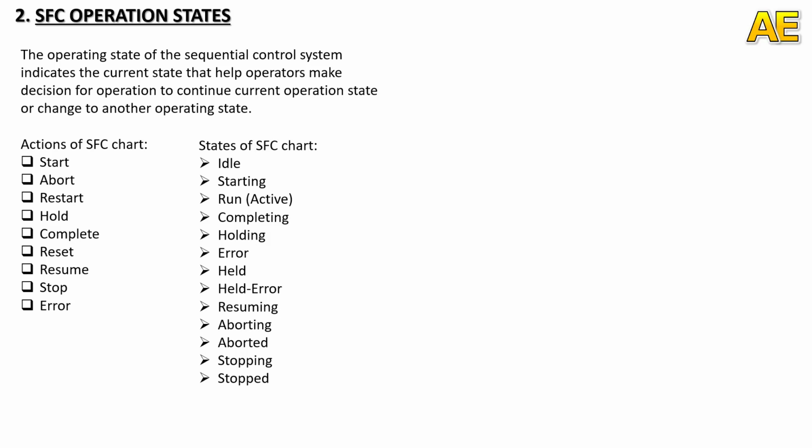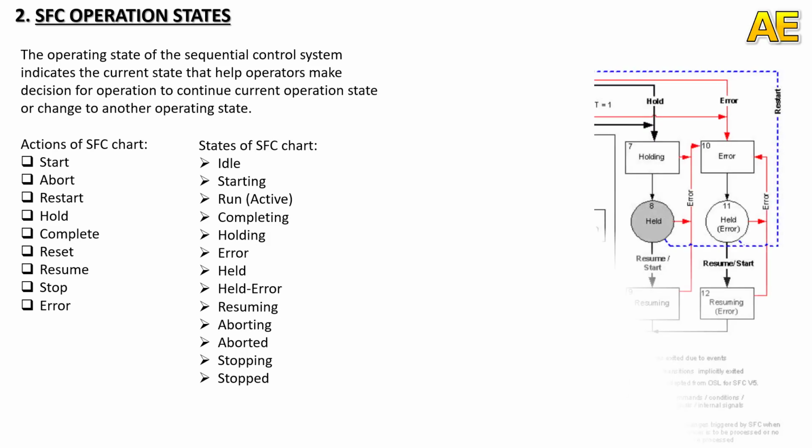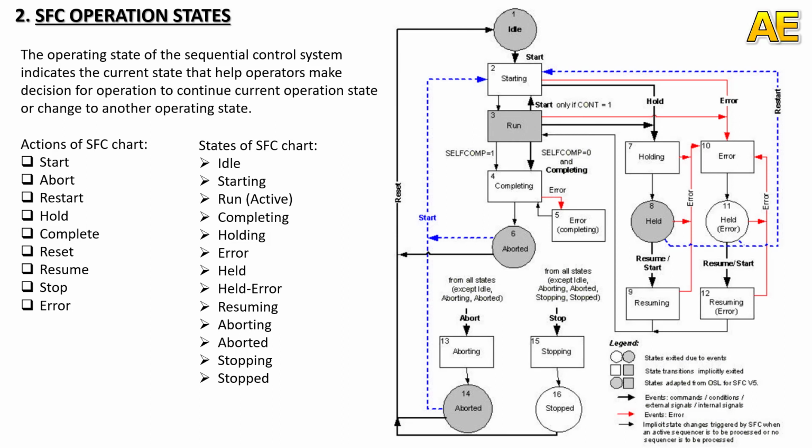The state can be idle, starting, run or active, completing, holding, error, held, error, resuming, aborting, aborted, stopping, and stop. You can see the relationship between action and state in this flowchart.